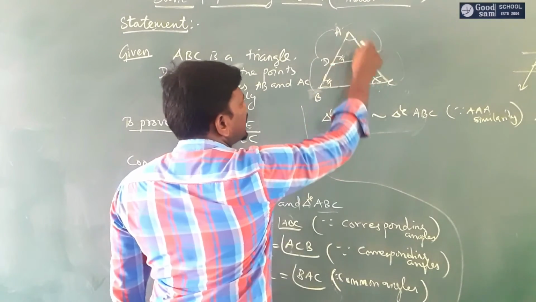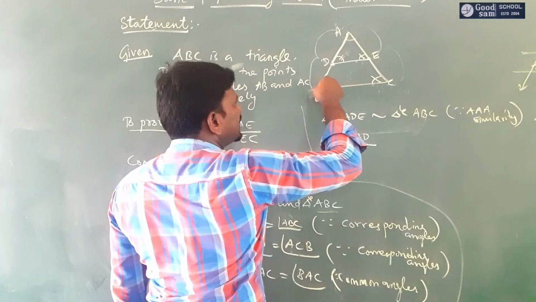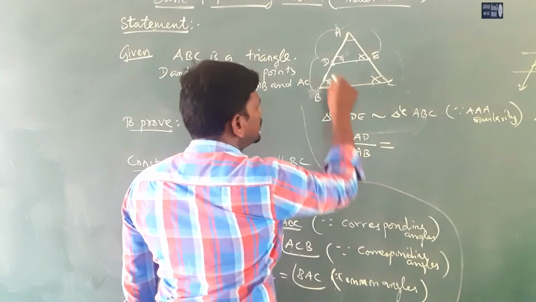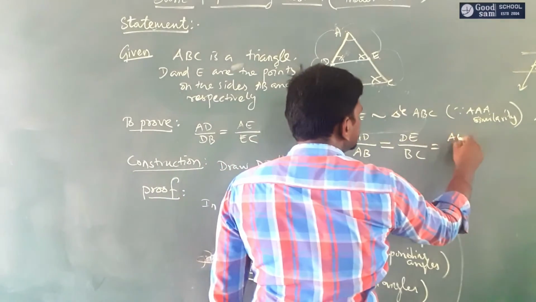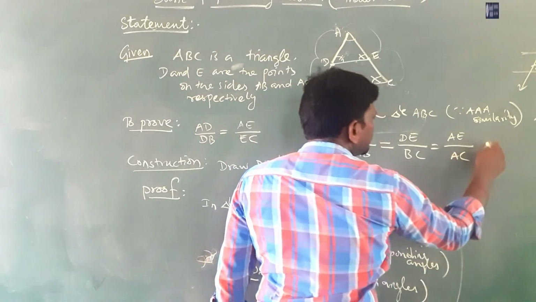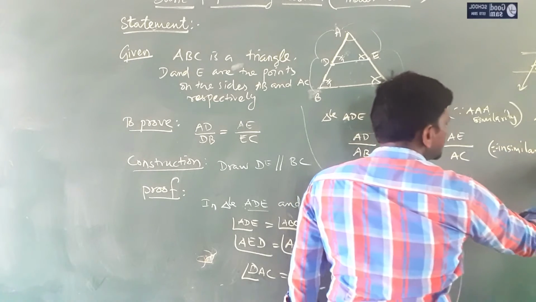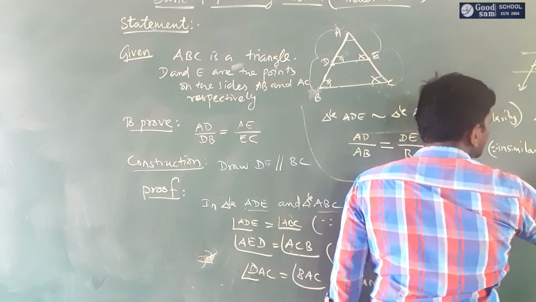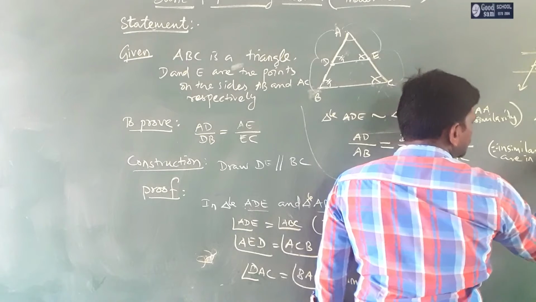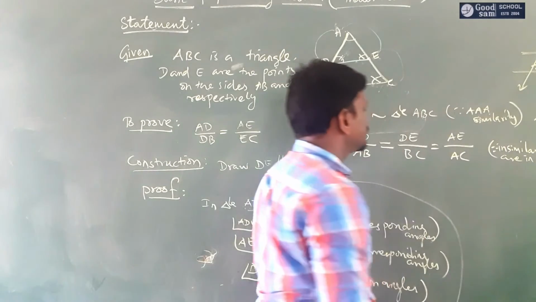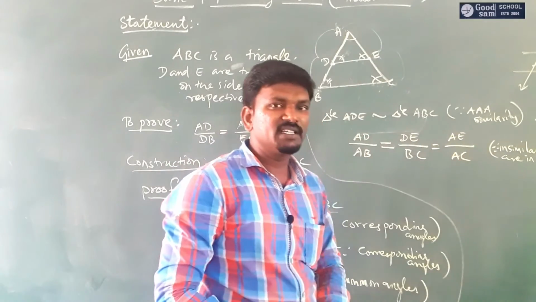So in the smaller triangle, this side AD, by the bigger triangle's AB, is equal to DE by BC, is equal to AE by AC, because in similar triangles the corresponding sides are in the same ratio. If we divide their sides, it means the ratios are the same.